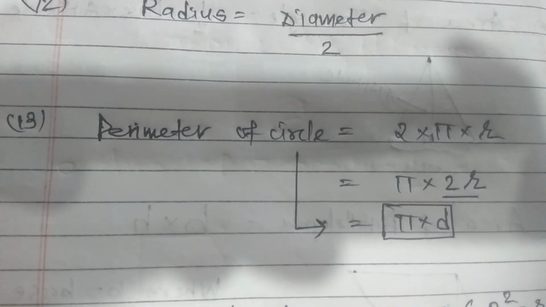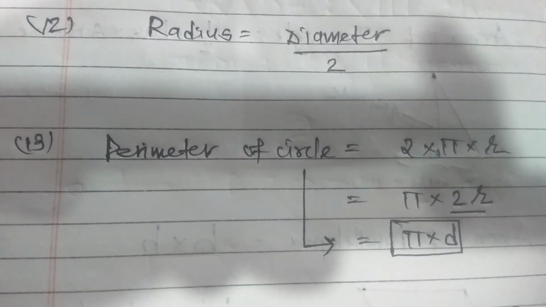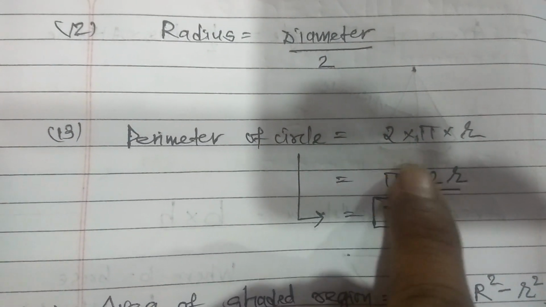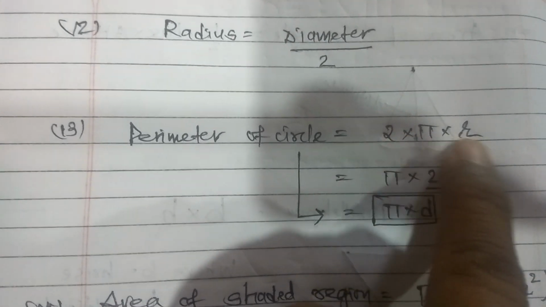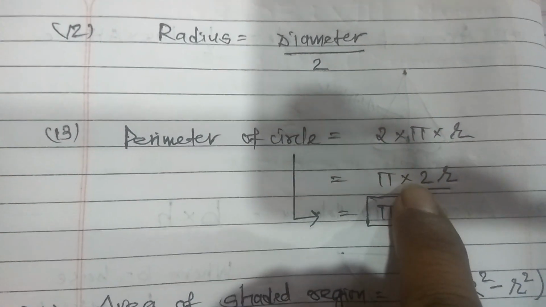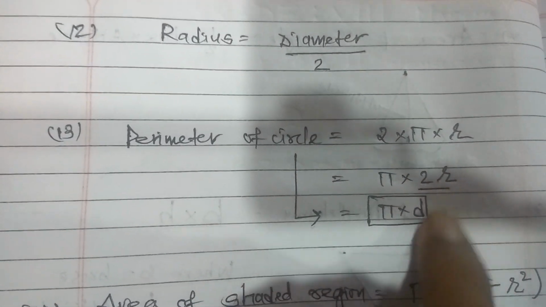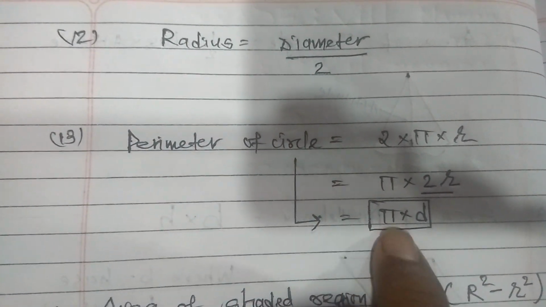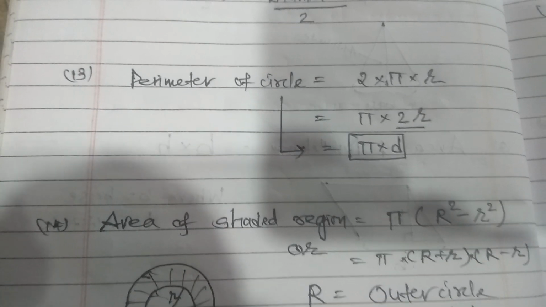Next formula, perimeter of circle we can also define by pi into d. How? Just now we made the relation that diameter d is equal to 2 into r. So pi 2 into r, when put together, what is 2 into r? Diameter. So perimeter of circle is equal to pi into d.